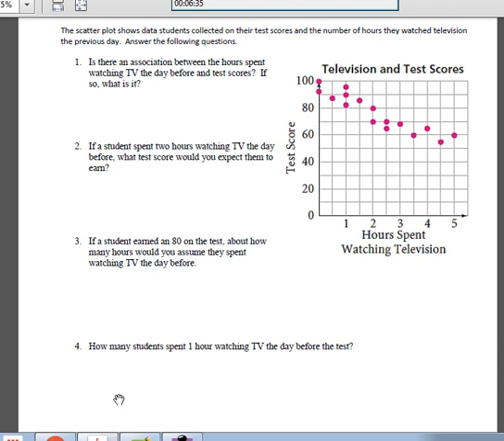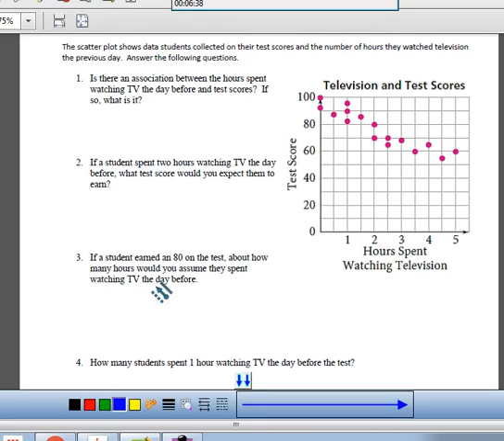Okay, when I look at this, I'm going to say there is definitely some sort of negative correlation, because as the hours increase, the test scores decrease. So yes, there is a negative correlation.